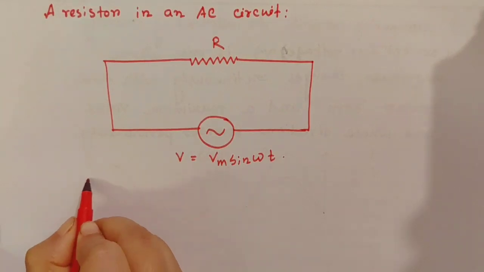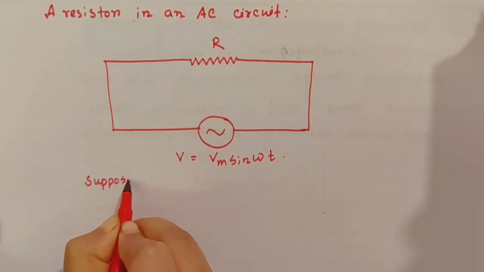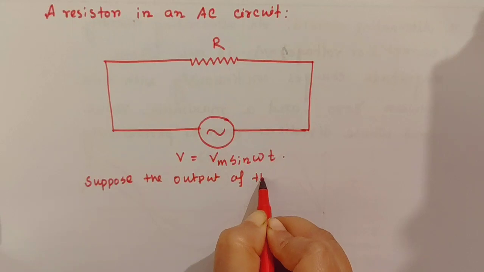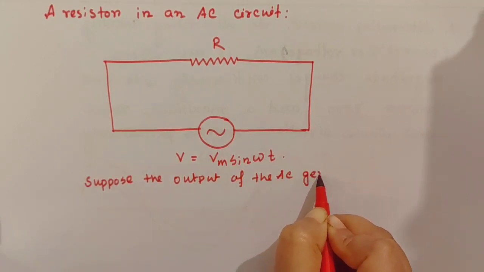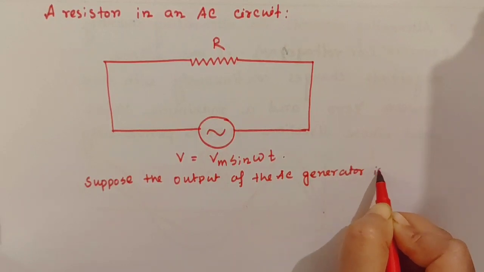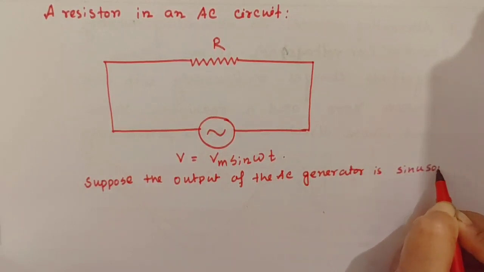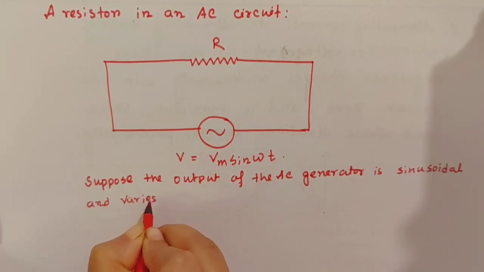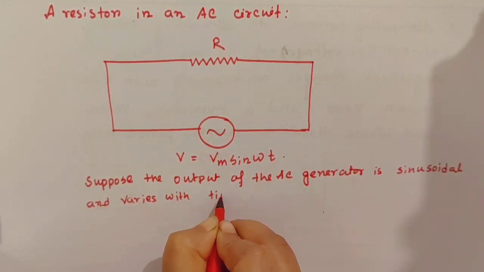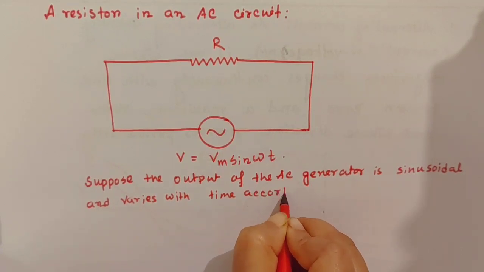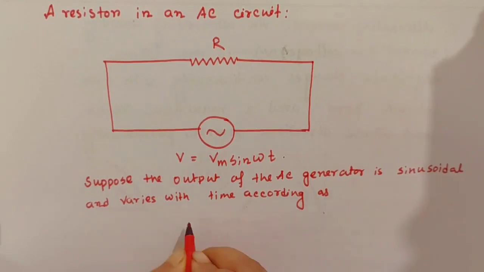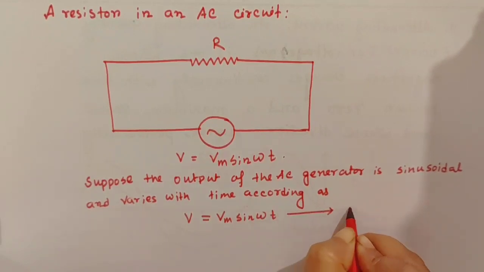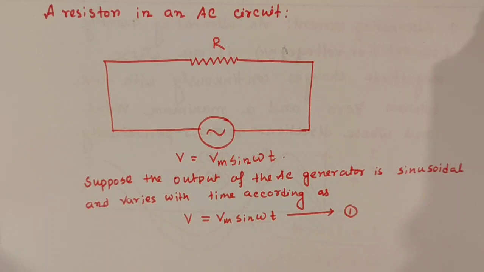So I am writing here, suppose the output of the AC generator is sinusoidal and varies with time according as V is equal to Vm sin omega t. Give this equation number 1.